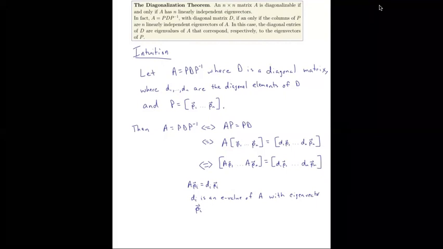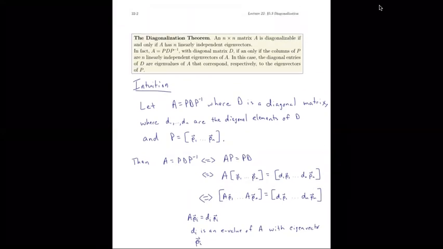So when we make that connection, the only way that P will be invertible is if P is a matrix of full rank, right? In other words, all of its columns are linearly independent. Well, if P has all linearly independent columns and P is an n by n matrix, then P will span all of Rn.